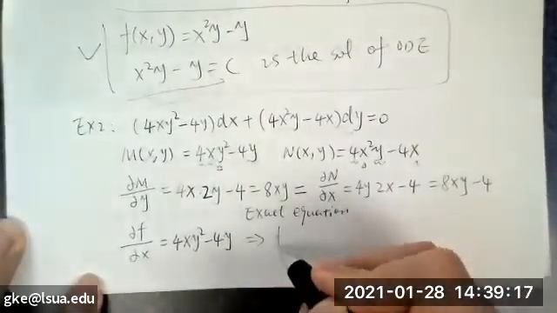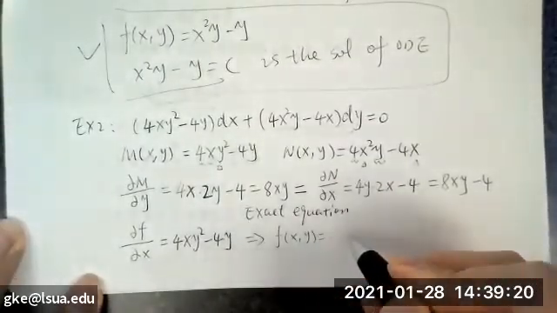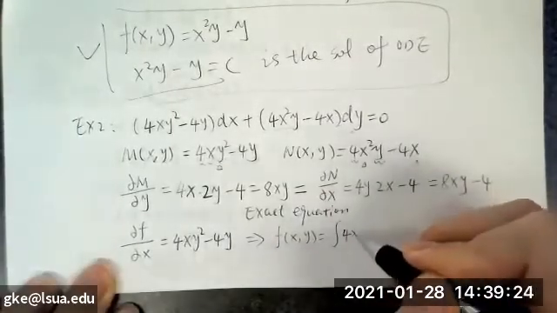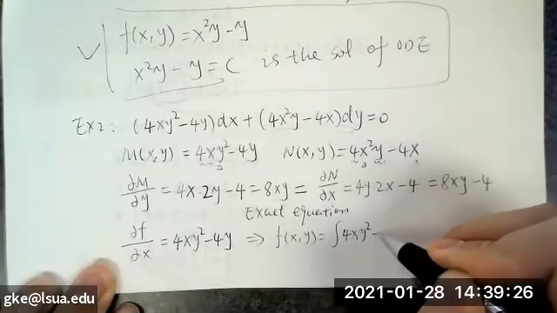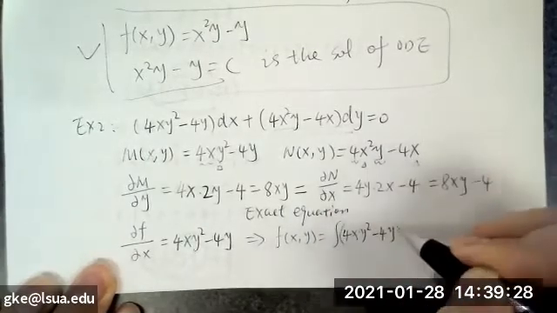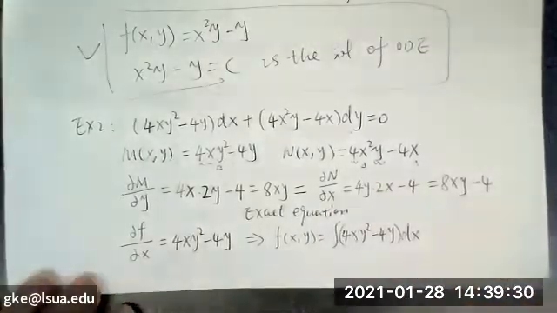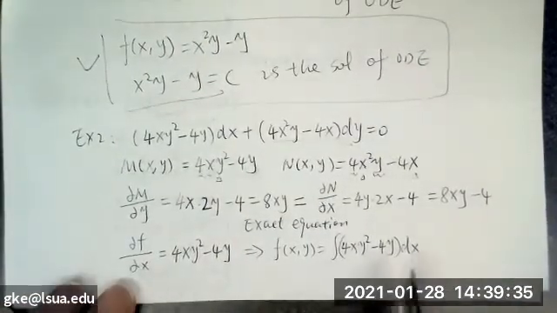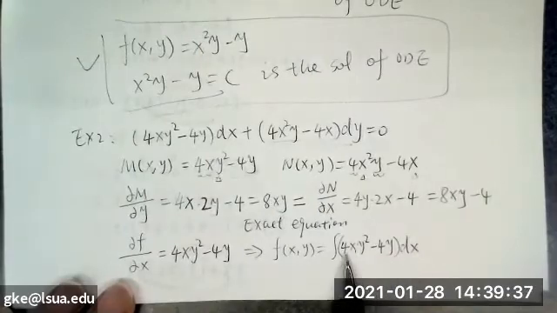Okay, now how to find this f? Use the integral of this with respect to x. You need to be careful. Here we do the integral with respect to x. That means we treat the x as a variable and the y as a constant.